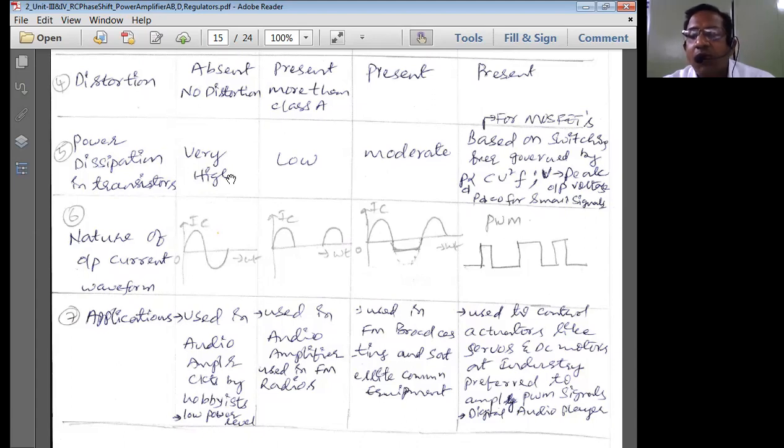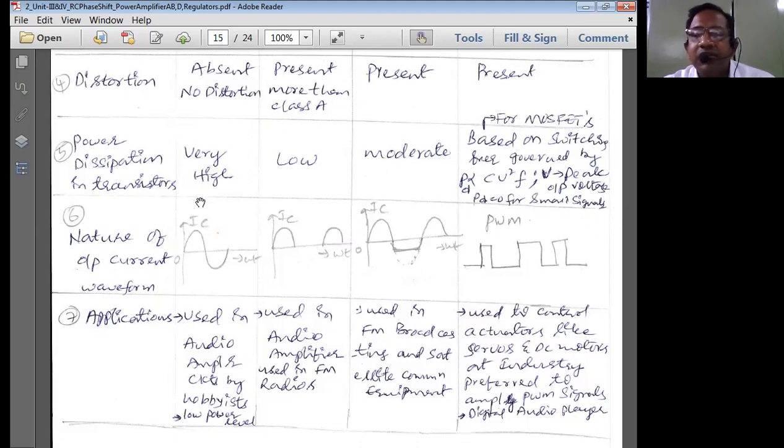That means while the transistor is operating, there is definitely going to be a power dissipation through the transistor because of excessive heat. Therefore, we say that the power dissipation is going to be high in the case of the class A power amplifier because of its firing angle.